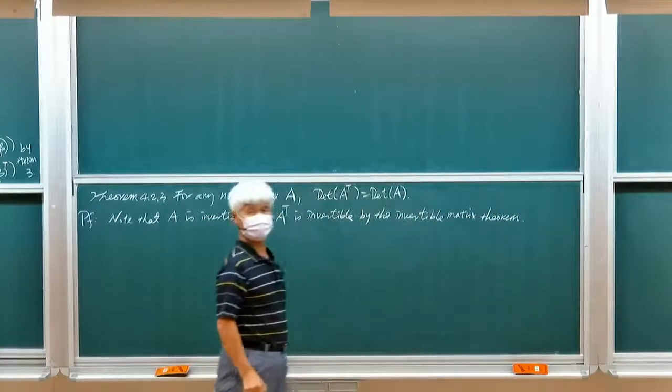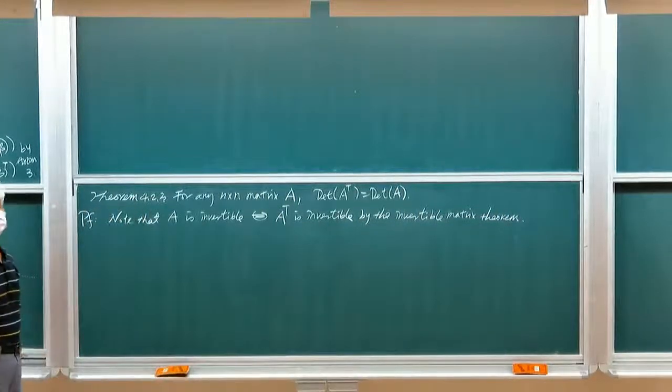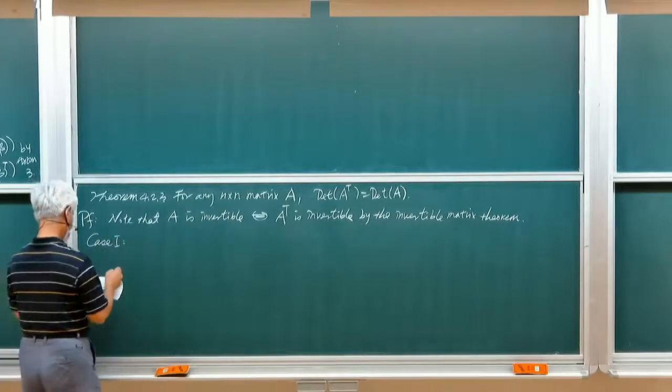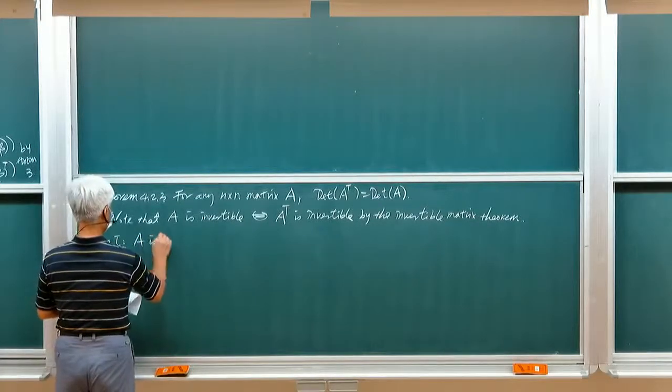Okay, so this is the first thing we have to know, right? And now there are two cases to consider. The first one is that A is not invertible.